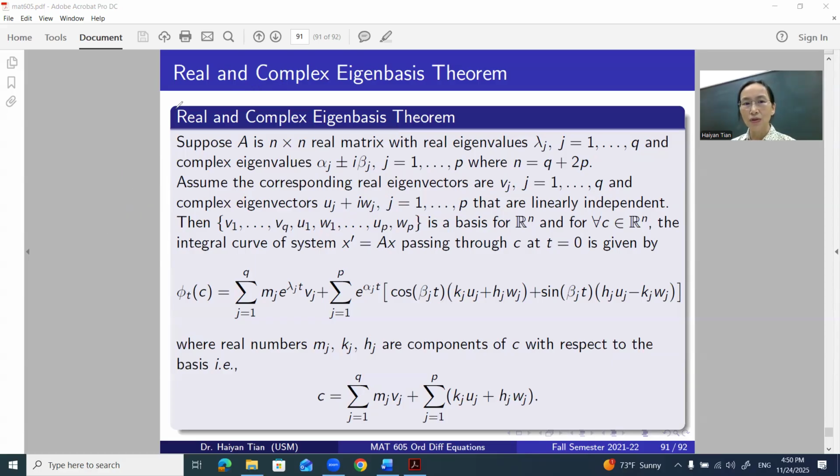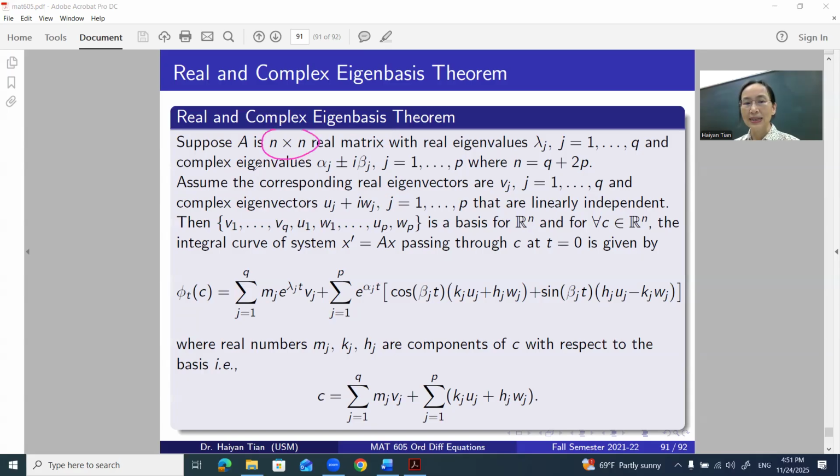But we can join the two versions, and we can have a theorem for a system of homogeneous problem, where this matrix A is a constant coefficient matrix with real entries. And we can allow A to have real eigenvalues and complex eigenvalues, as long as we have n independent eigenvectors.